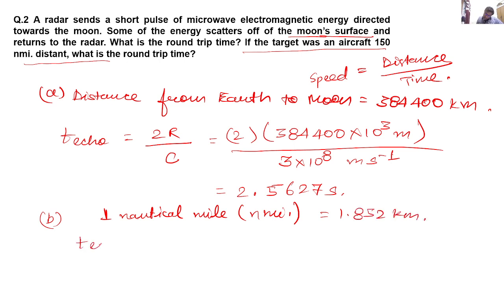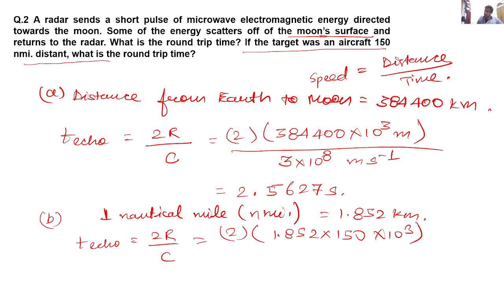So the T echo in this case would be 2R by C again. So 2R is 1.852 into 150 into 10 power 3, converting the kilometers into meters, divided by 3 into 10 power 8. We get the answer as 1.85 milliseconds, meaning 10 power minus 3 seconds.